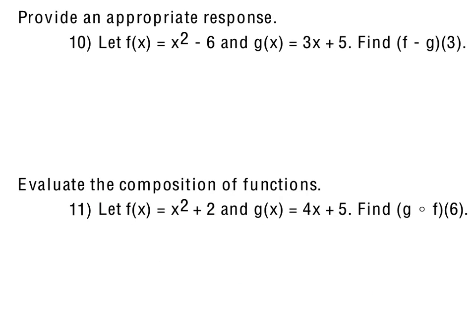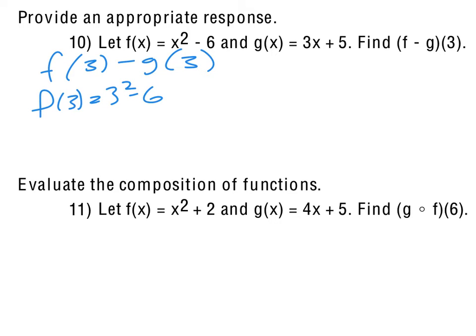For number 10, we're looking for f minus g of 3. Again, we get our functions f of x and g of x. One way to do this is to find f of 3 minus g of 3. So in order to do that, I would have to find first f of 3. Well, that would be just 3 squared minus 6. So 9 minus 6, or 3. So I know f of 3 is 3. I need to take g of 3 away from that.